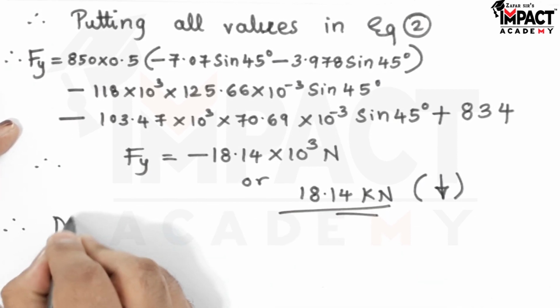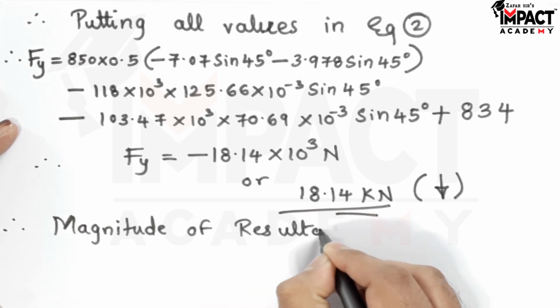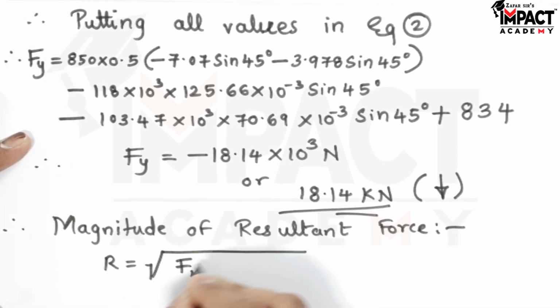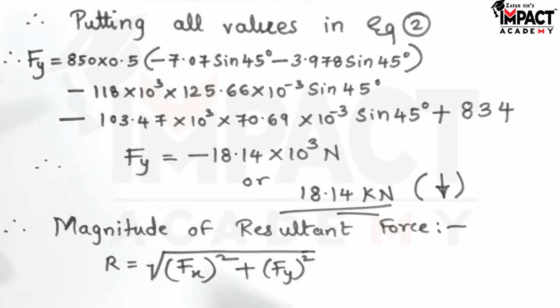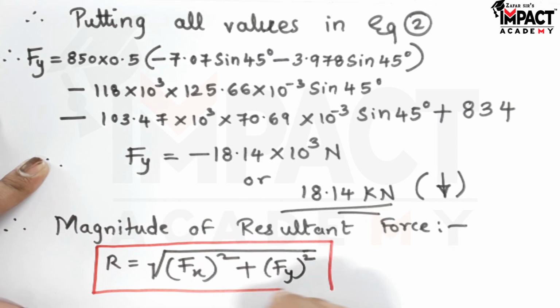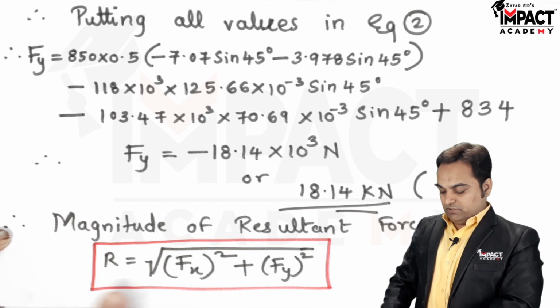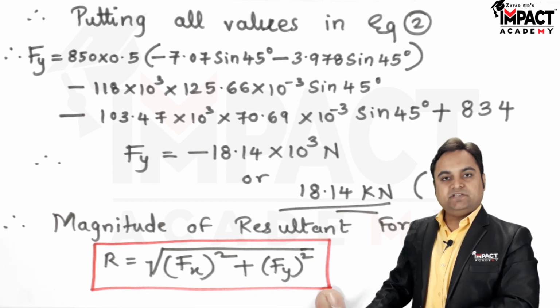So therefore the magnitude, since it is involving the two components, that is Fx and Fy, the formula of magnitude of resultant is root of Fx square plus Fy square.